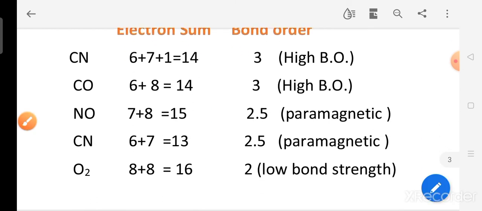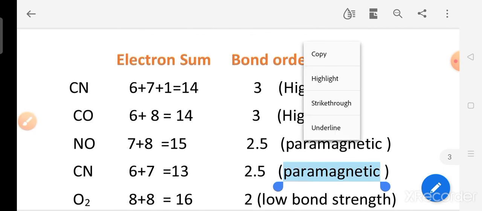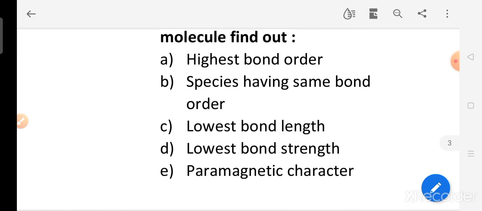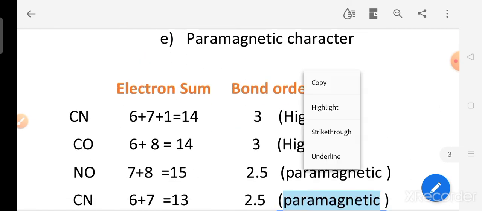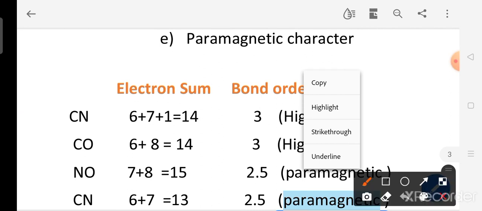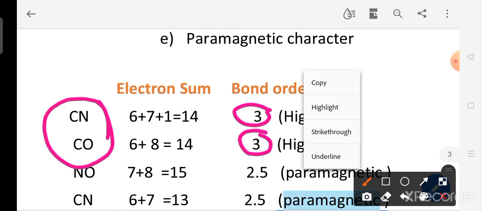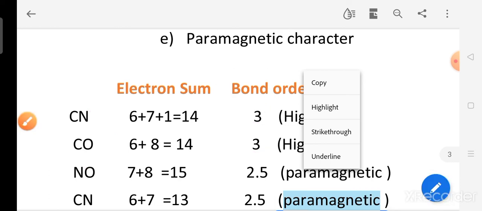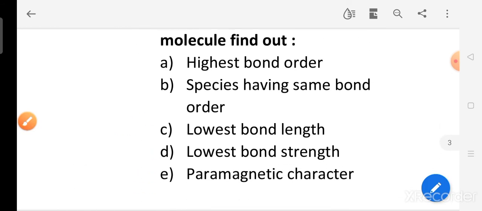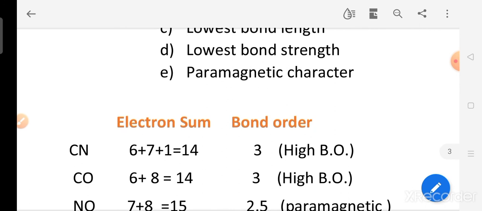First, we have to see the highest bond order. These molecules have the highest bond order: CN minus and CO. The second question is the species having the same bond order.